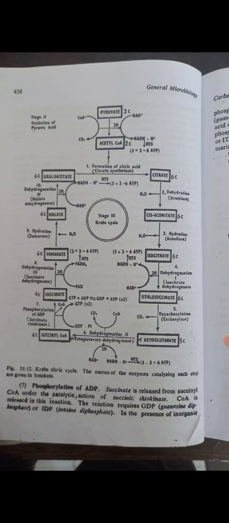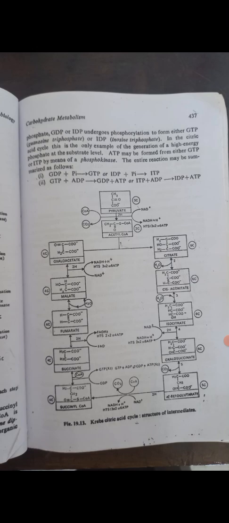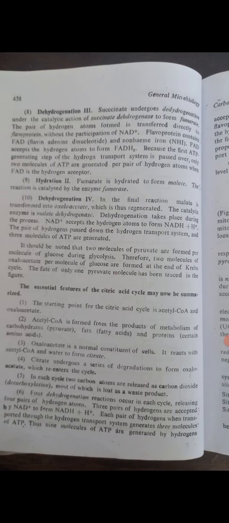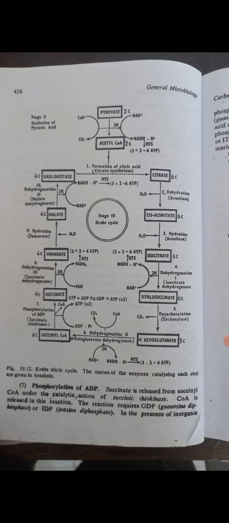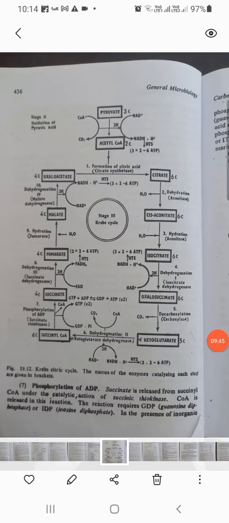If we consider the first reaction as pyruvate to acetyl coenzyme A, and in the citric acid cycle or Krebs cycle stage 3, we have 30 ATP generation. Gross ATP generation is 30 ATP. In this, all the reactions occur and pass into the electron transport system.